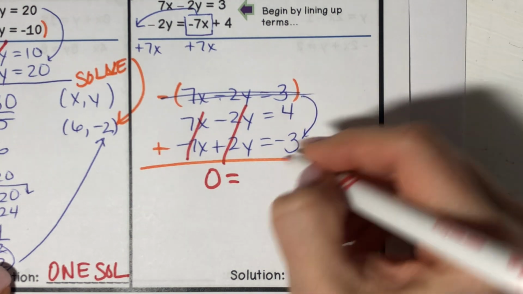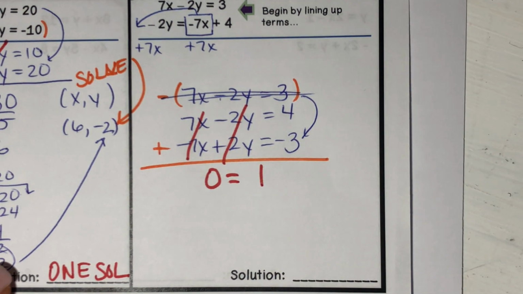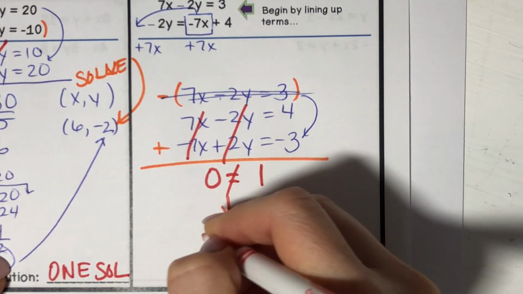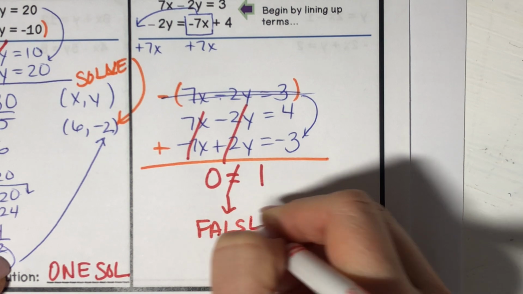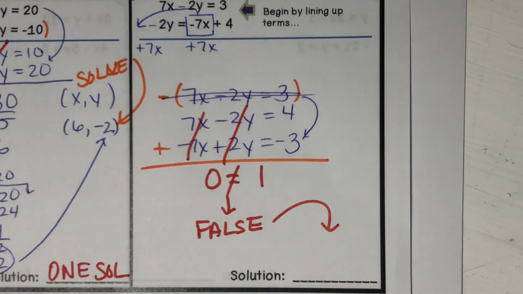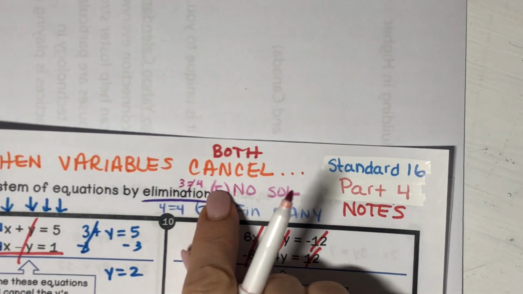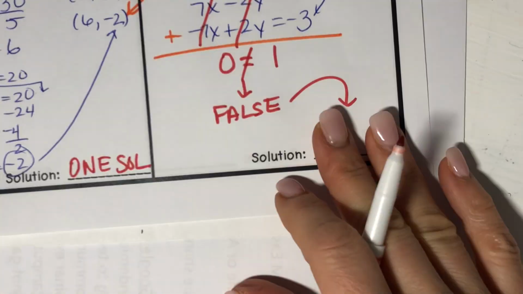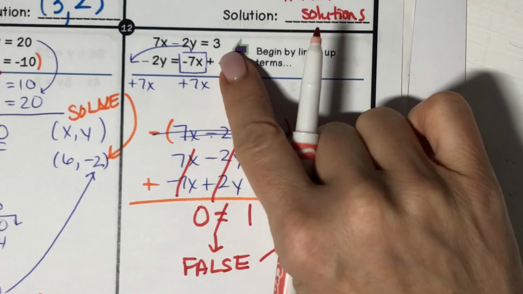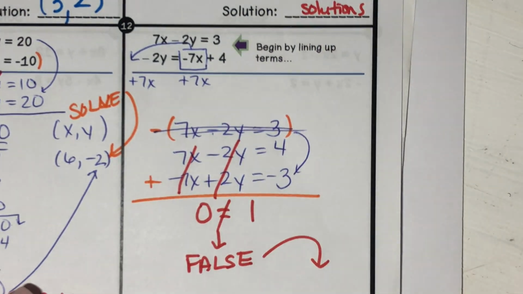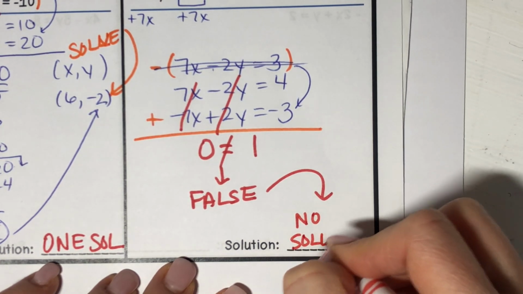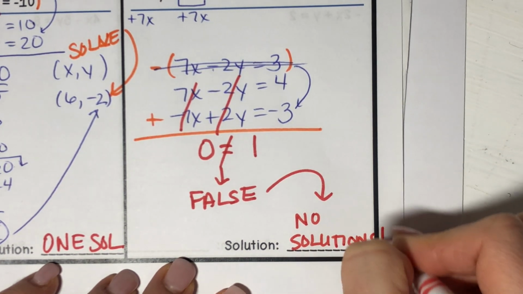No. 4 plus -3 is 1. Okay? Is 0 equal 1? No, never. Oh, so that means I don't have a true statement. I have a false statement. And if I have a false statement, false means no solution. So will these two lines, if I graph them on a graph, ever meet anywhere? No, they won't. So you're going to write the word no solutions.